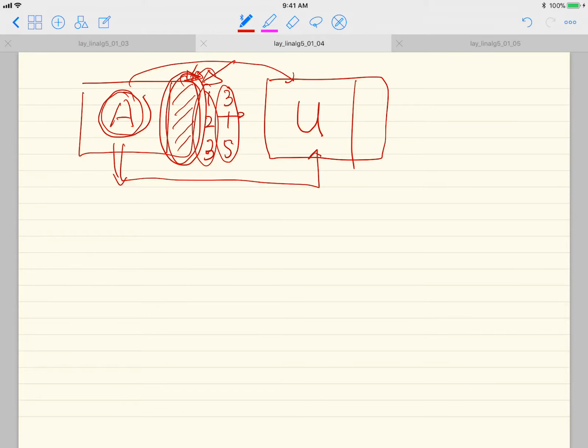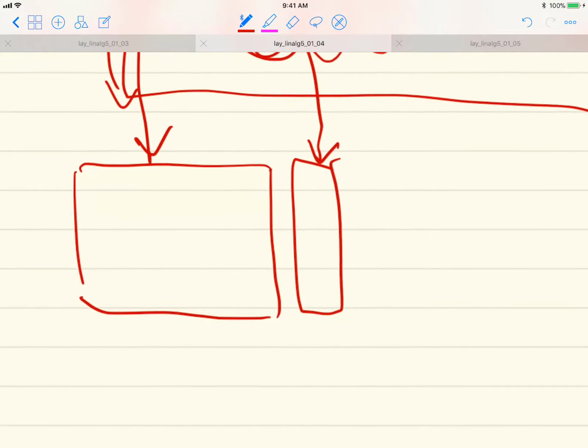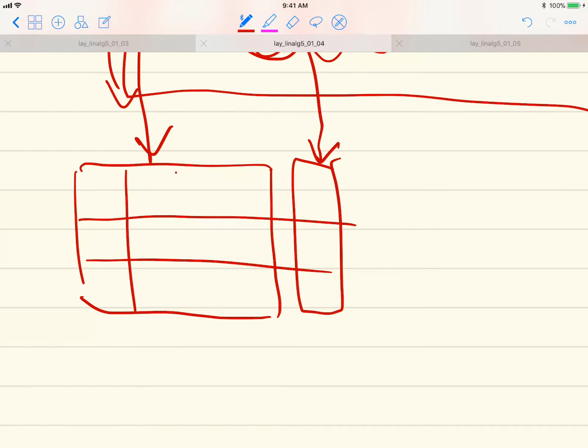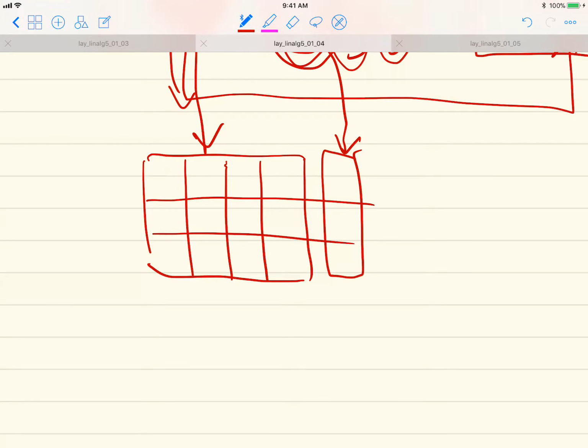Suppose this matrix A was converted into an echelon form, so this part corresponds to A, and this part corresponds to the B part. Suppose in our echelon form we had pivot positions here, and maybe here and here.